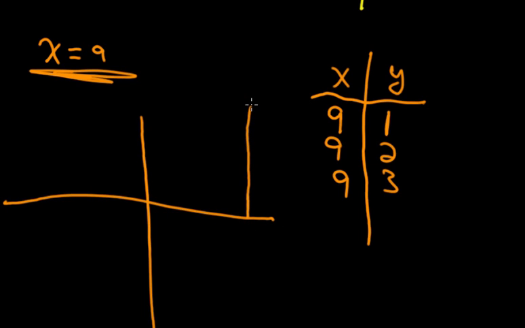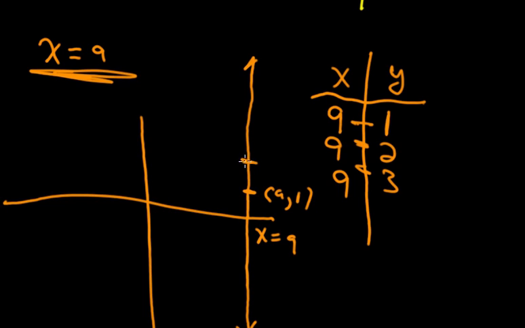So no matter what our y value is, x equals 9. Notice, this line going straight up and down says the same thing as this table. Y is 1, x is still 9. Y is 2, x is still 9.